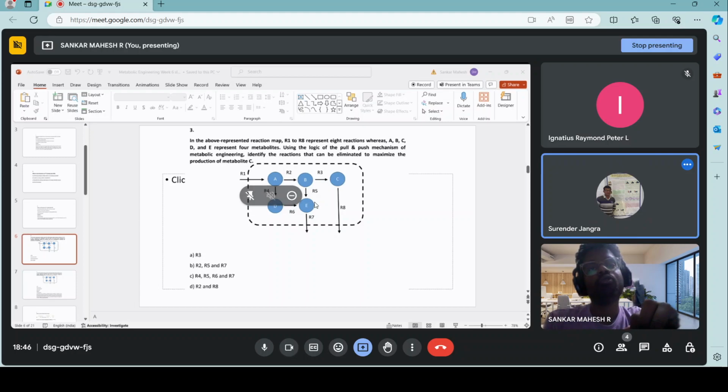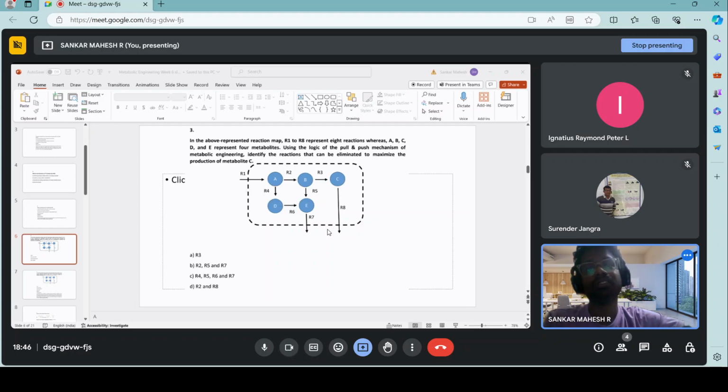So from what we see in the reaction network here, if R4 and R5 are removed, R6 and R7 will definitely not exist, right? Only if R4 exists, A will be converted to D, and only if D exists, R6 will happen.